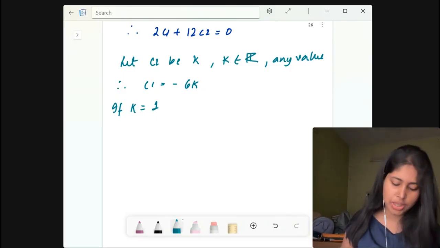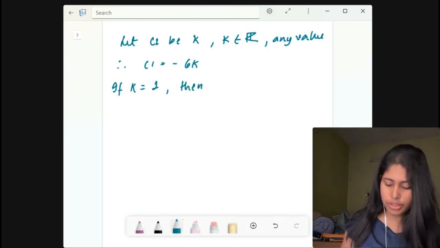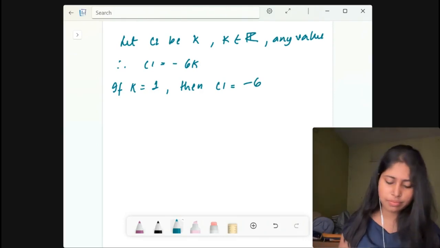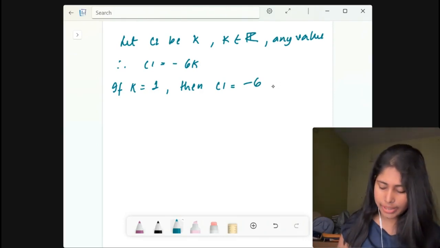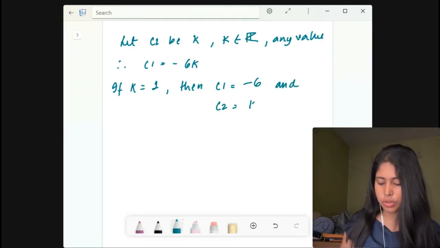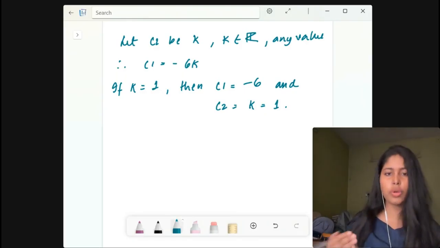If K equals 1, then C1 is equal to minus 6 into 1, which is minus 6, and C2 we have already considered to be K, which is 1. So C1 is minus 6 and C2 is 1.